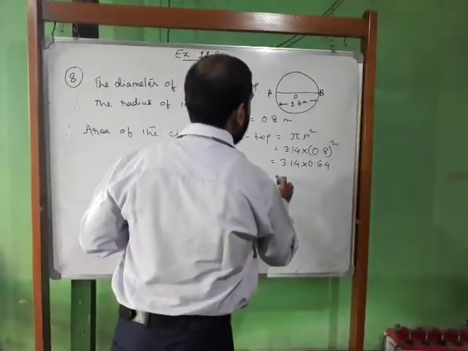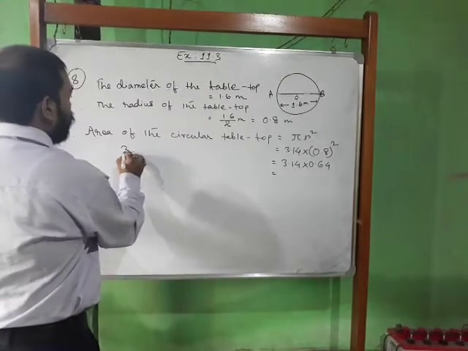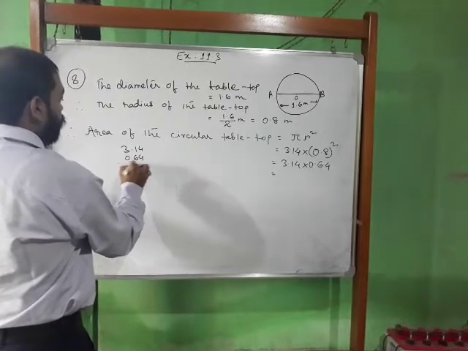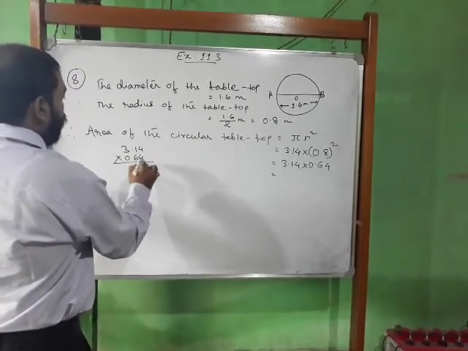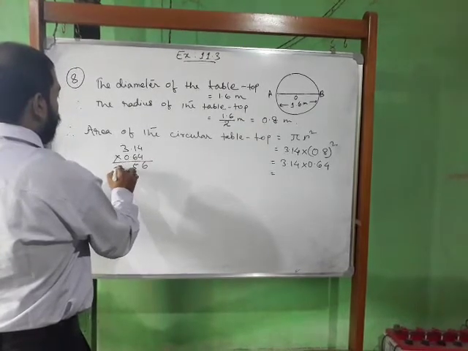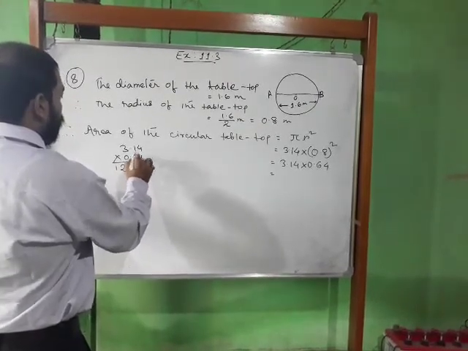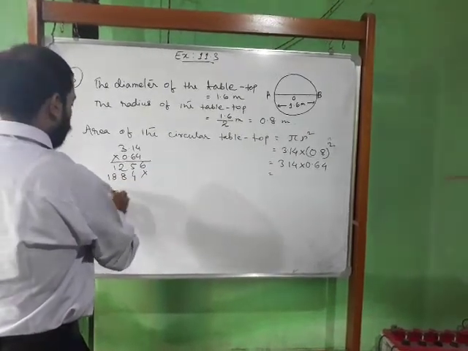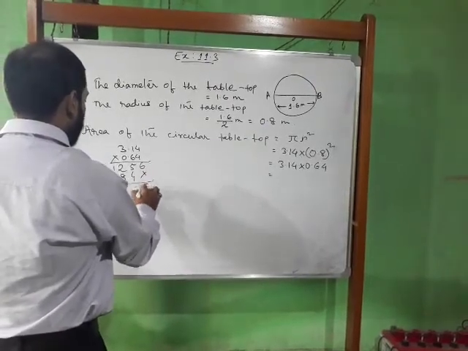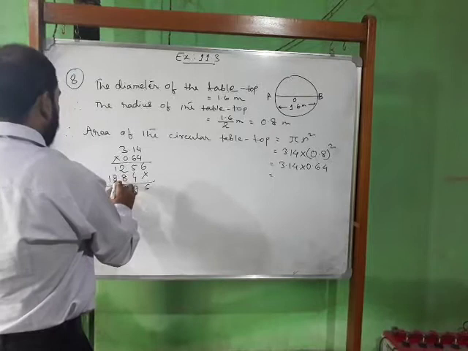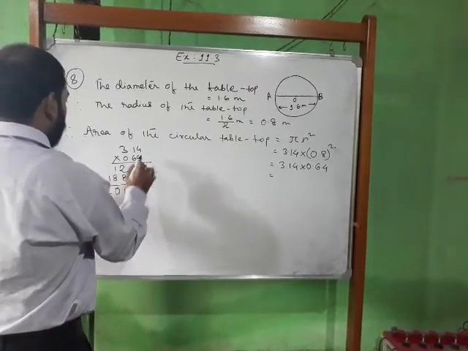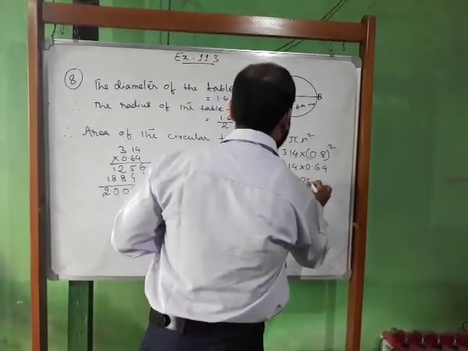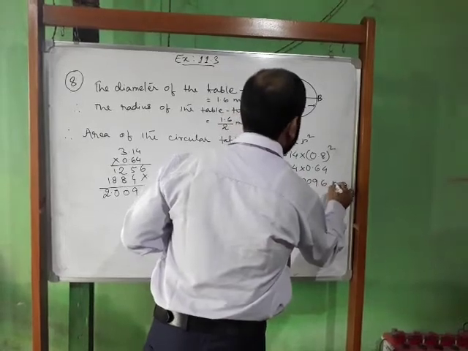Now we have to multiply this, 3.14 into 0.64. It is 2.0096 meter square.